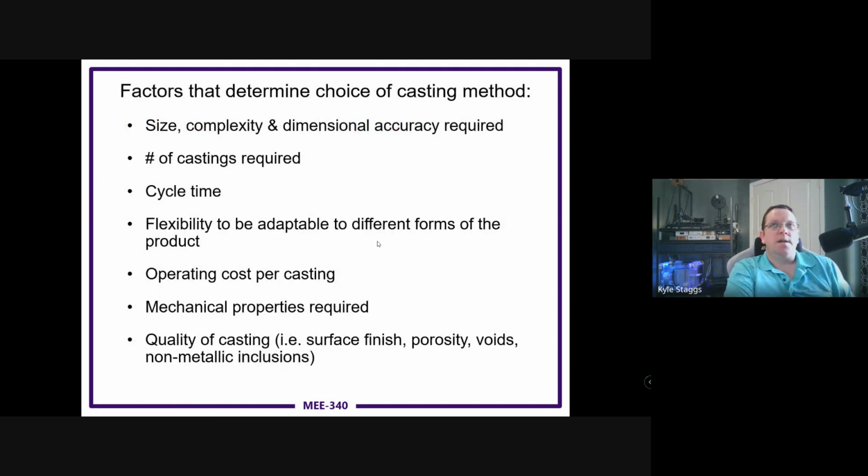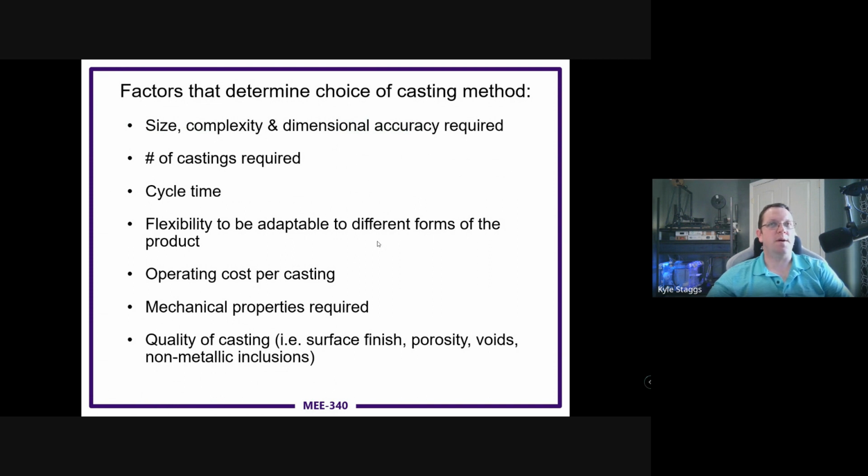So size and complexity matter a lot. It's very expensive to make these big dies. It can be tens of thousands of dollars to make one of those single aluminum dies, believe it or not. So it's a very, very expensive process. The number of castings required can also be important.